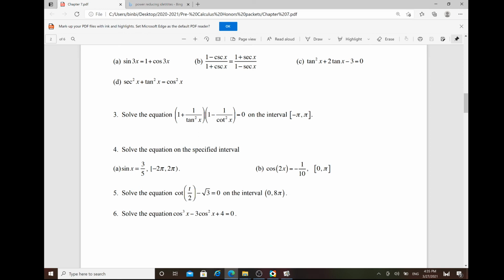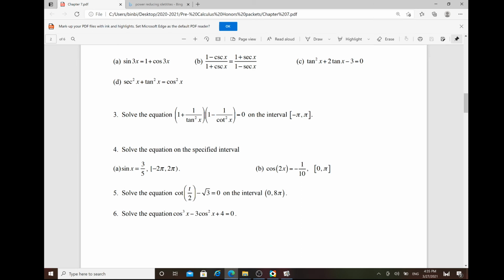Again, t over 2 is kind of like a half angle, but you can always pretend that angle is theta. And then for theta, you only want to take half of a cycle. Find the first solution, but since it's half, you have to go around. This one is from 0 to 8 pi. So you have to go around the unit circle 8 consecutive times.